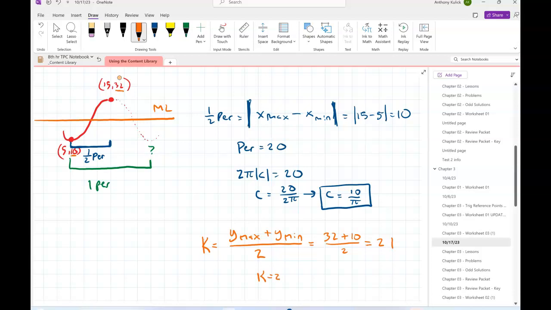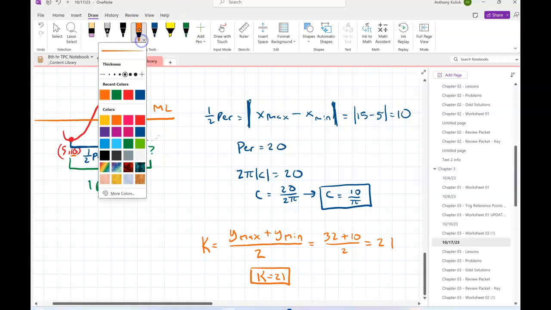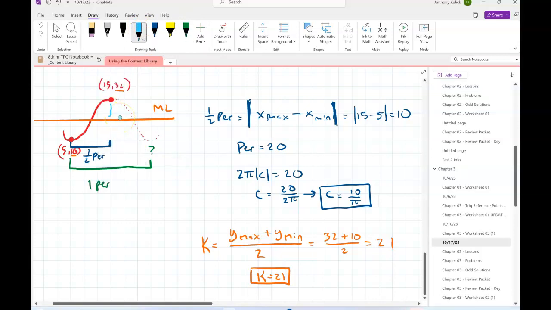So I have k is 21. Everybody good so far? Okay. The amplitude is like half of that distance, right?